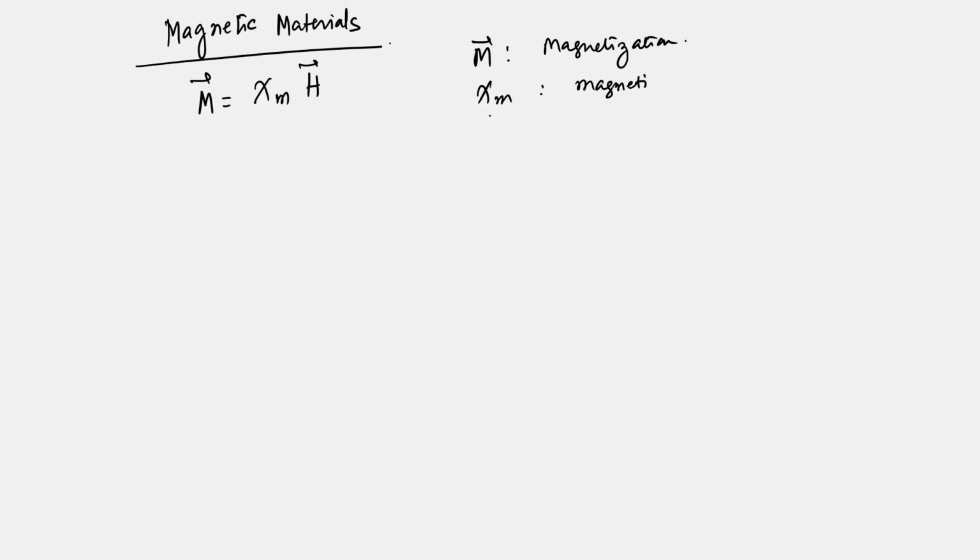It is often written with just a chi, but because we have talked about electric susceptibility with a chi E, we are writing it with a chi M. So, this is the magnetic susceptibility, and H is the magnetic field intensity.